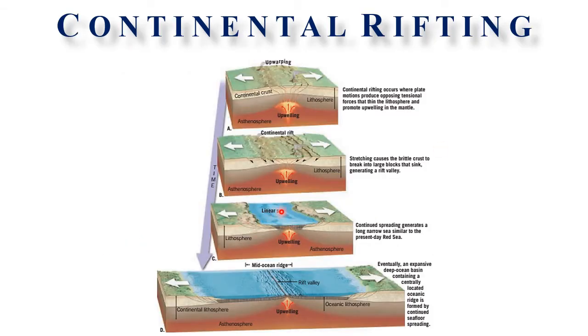Divergent plate boundaries can develop within a continent, in which case the landmass may split into two or more smaller segments separated by an ocean basin. Continental rifting begins when plate motion produces tensional forces that pull and stretch the lithosphere.